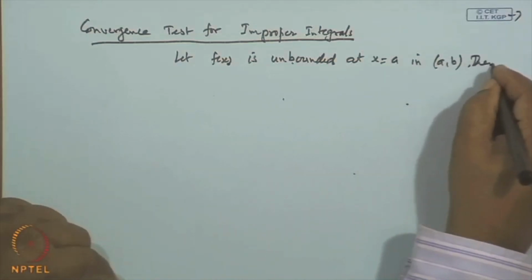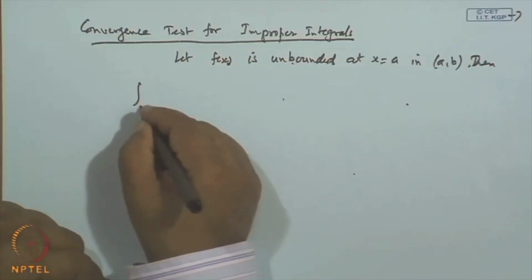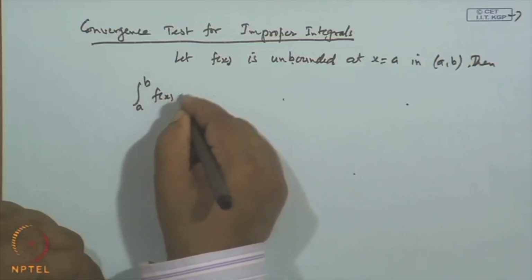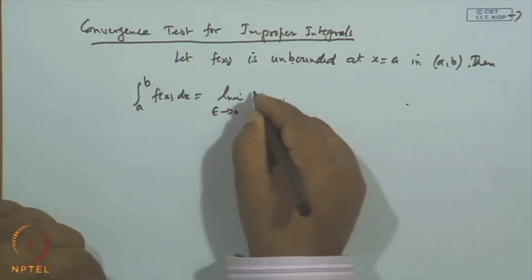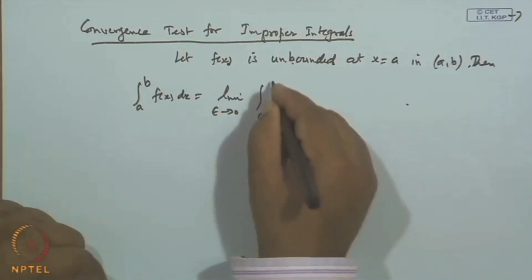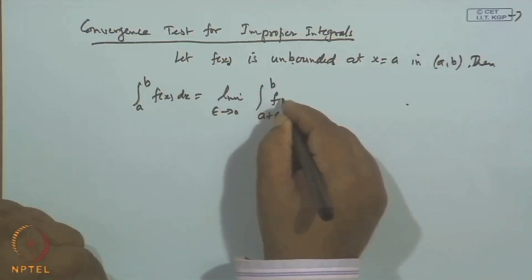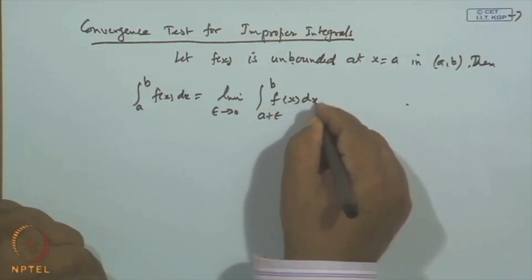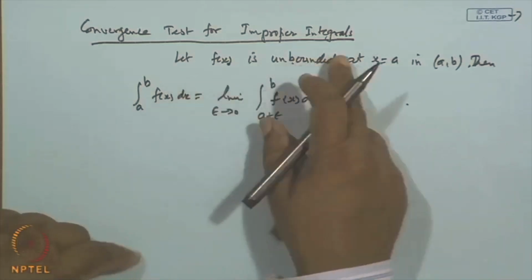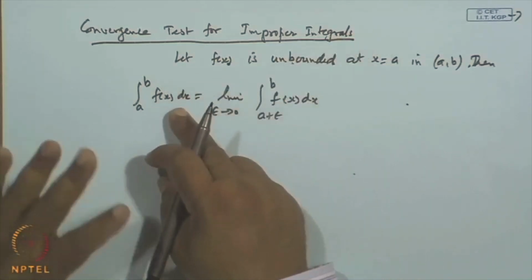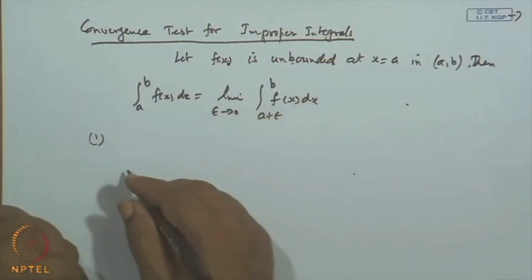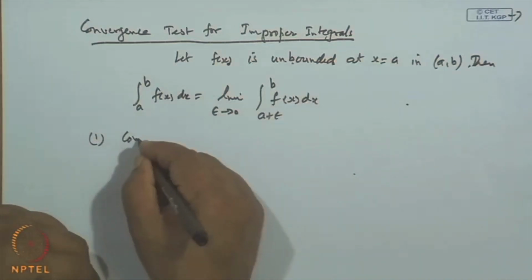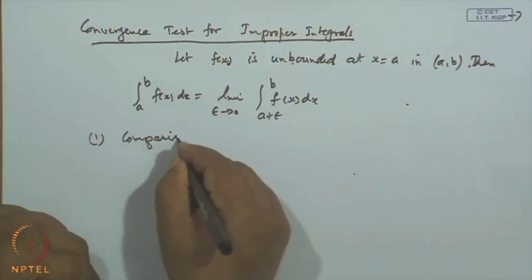Then this integral from a to b of f(x) dx we can write as the limit, epsilon tends to 0, of the integral from a plus epsilon to b of f(x) dx, and if this limit exists, then we say the improper integral of the kind 2 exists or is convergent. So, instead of going for the limit, we can go by the tests, and the first test is the comparison test.